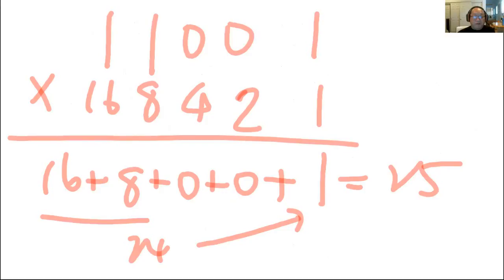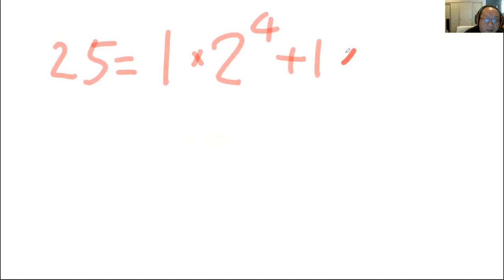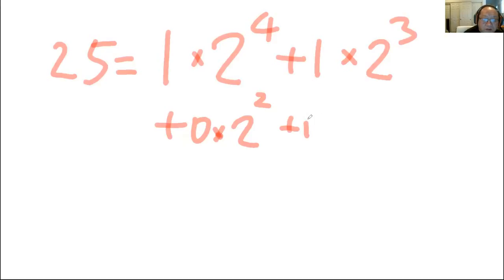That equals 25. And actually, 25 can also be written as 1 times 2 to the power 4 plus 1 times 2 to the power 3 plus 0 times 2 to the power 2 plus 0 times 2 to the power 1 plus 1 times 2 to the power 0.